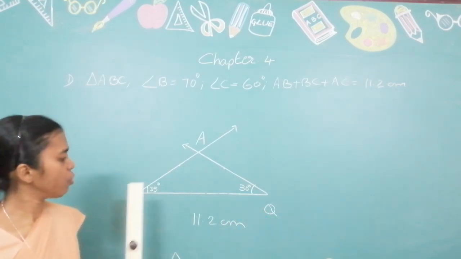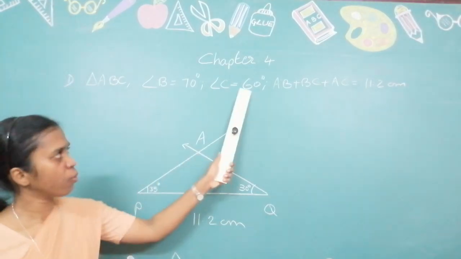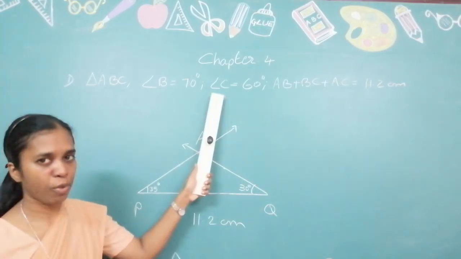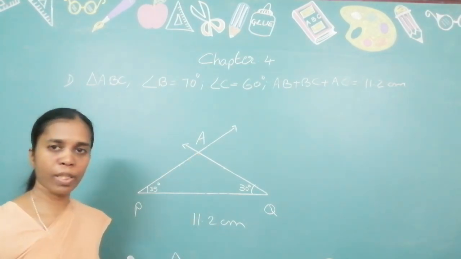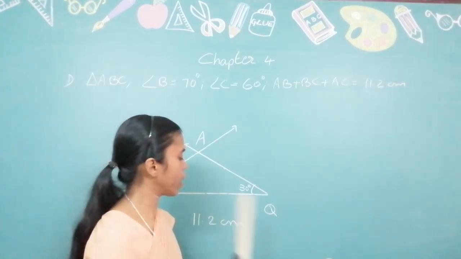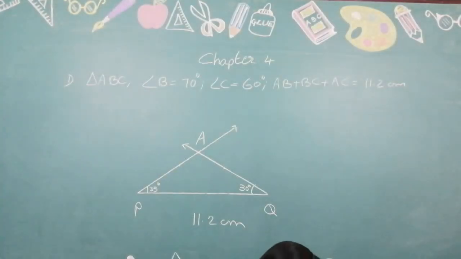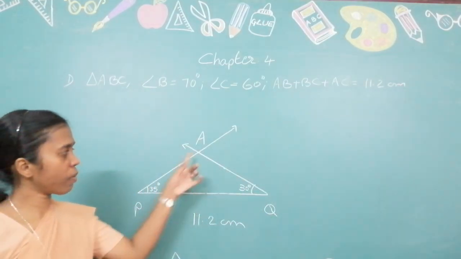For P you take half of B and draw the ray. For Q you take half of C and draw the ray. Wherever they intersect, that will be the first point of the triangle, that is A.